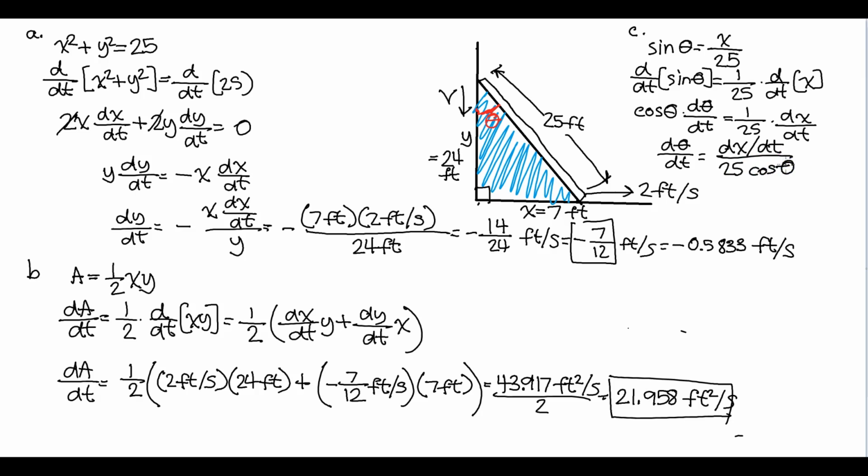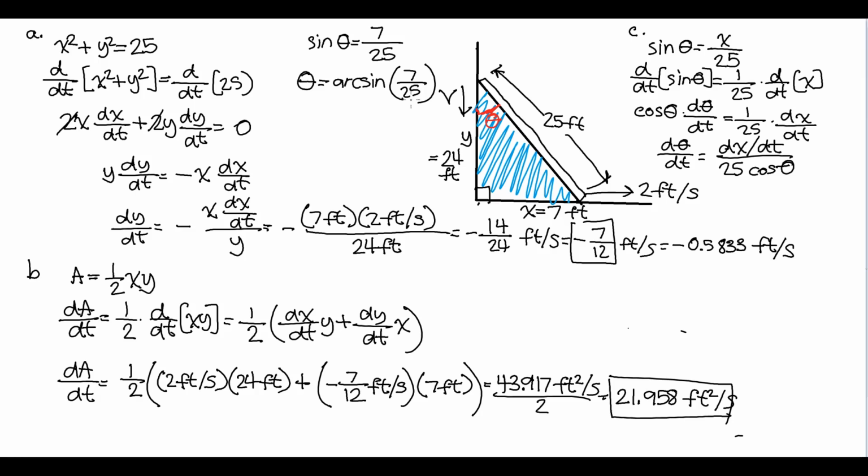Okay, so that's good, but we don't know what theta is. However, we can easily solve for theta using the fact that sine of theta is equal to x over 25, and x is 7, so we take the arc sine, or inverse sine, of 7 over 25.